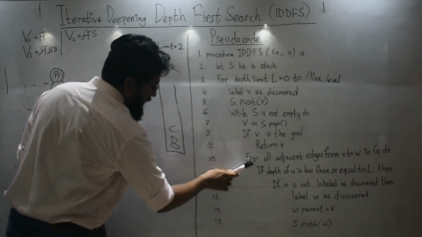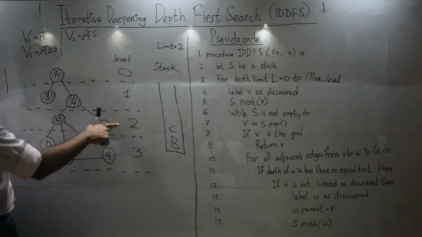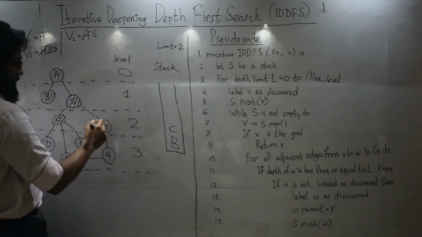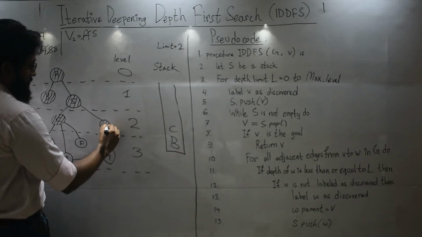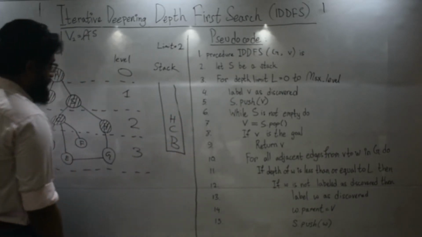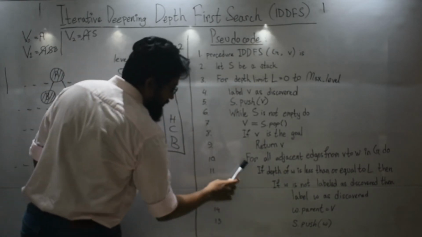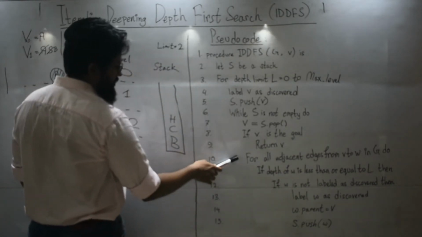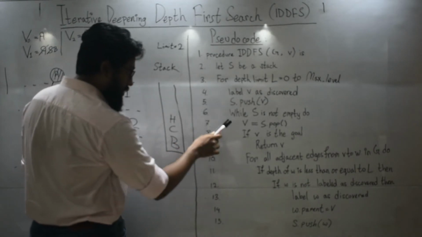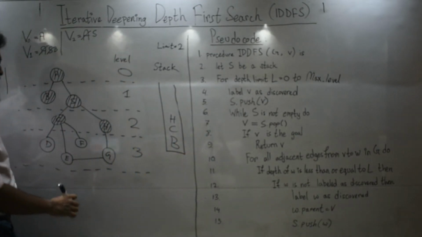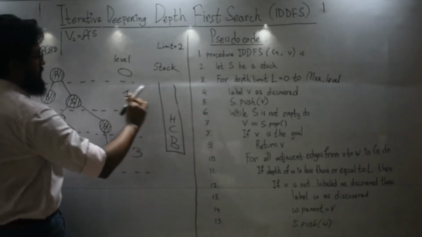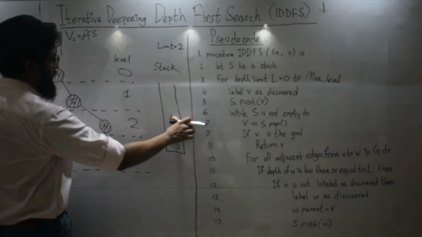After that, again come over here, check if this is within my limit, checked, okay, not visited, therefore visit and then push. After that, I will come out of this loop and then come back to line number 7. So let's pop whatever is on top of my stack. Okay, H.